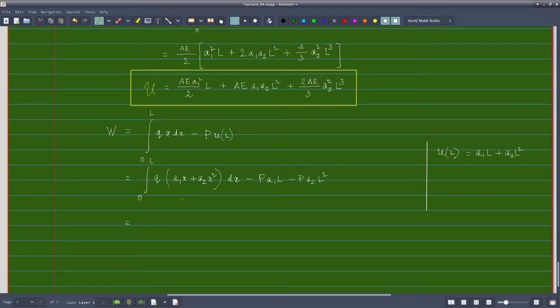So by integrating I get this will be my L. So Q A1L plus Q A2 L cube by 3 minus P A1L minus P A2L square.